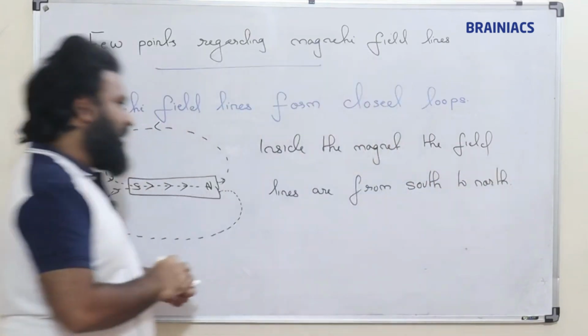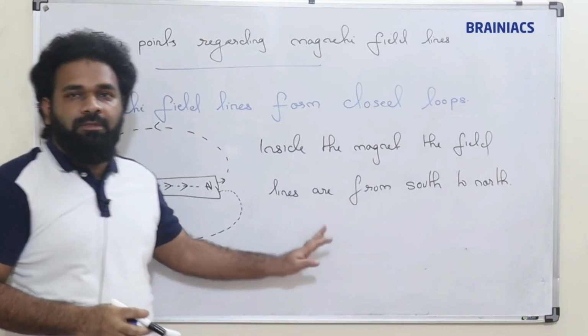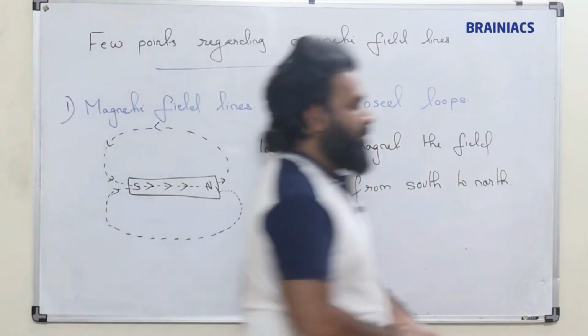Inside the magnet the field lines are from south to north. Is it clear? Okay, please note it down.